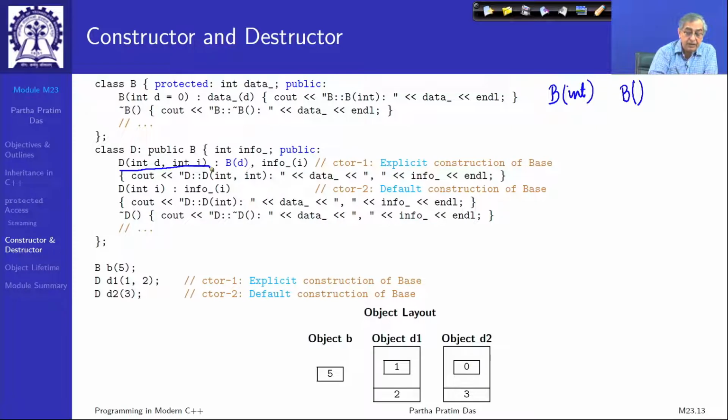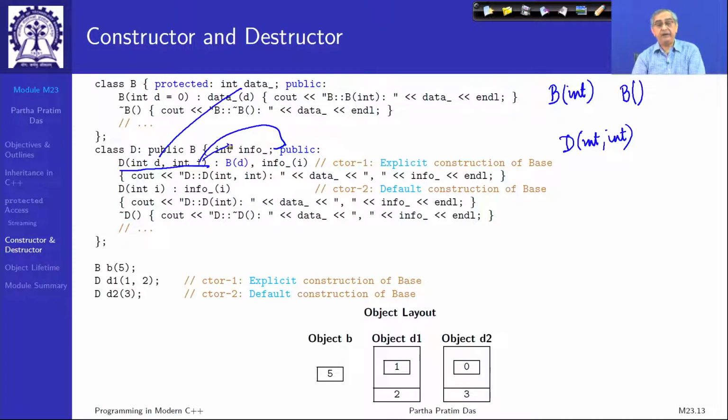I have a constructor which takes two parameters, so I have D int int. The meaning I am taking is this first int is meant to be the data of the base class, and this second int should be the info of the derived class.